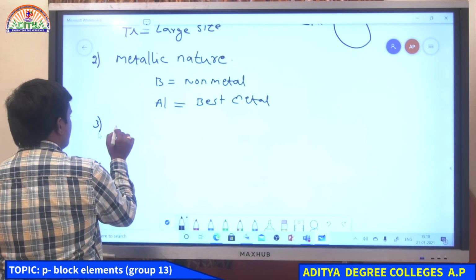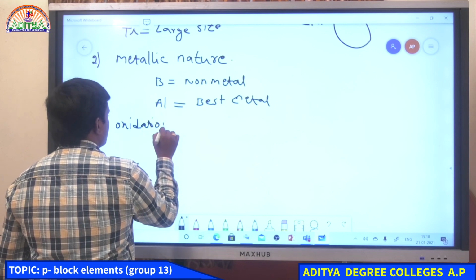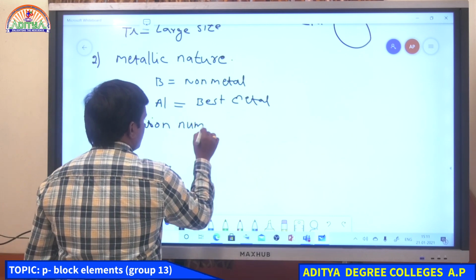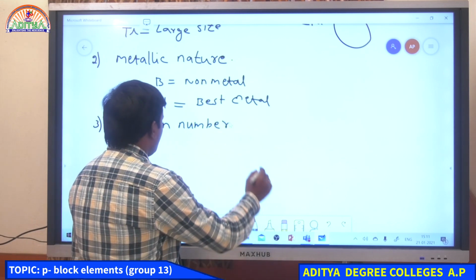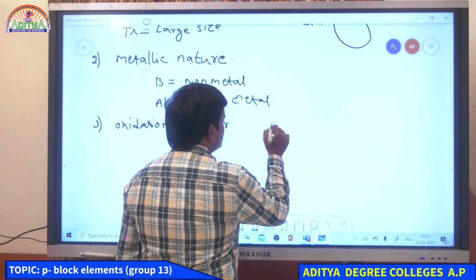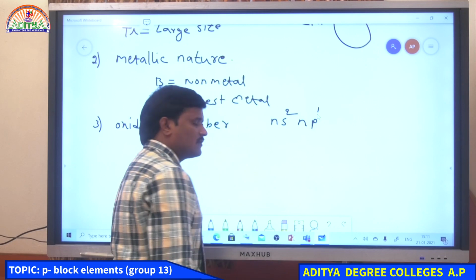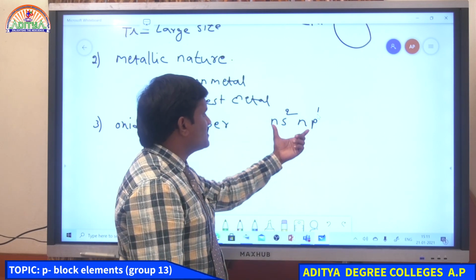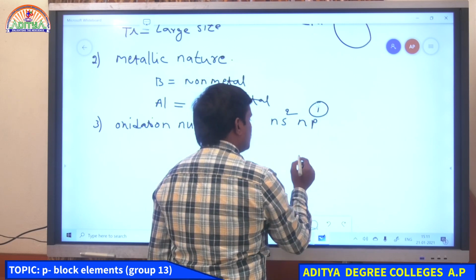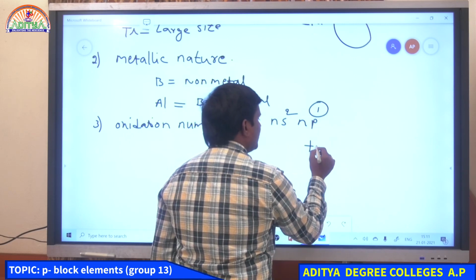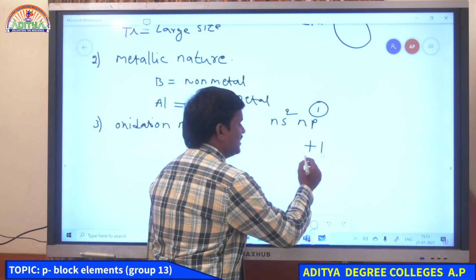The third character is oxidation number. All these elements have the general configuration ns2 np1, so the outer shell consists of 3 electrons. If one electron is lost, the element has a +1 oxidation state.